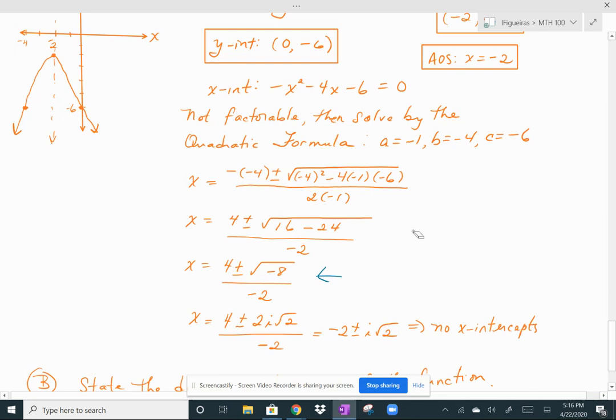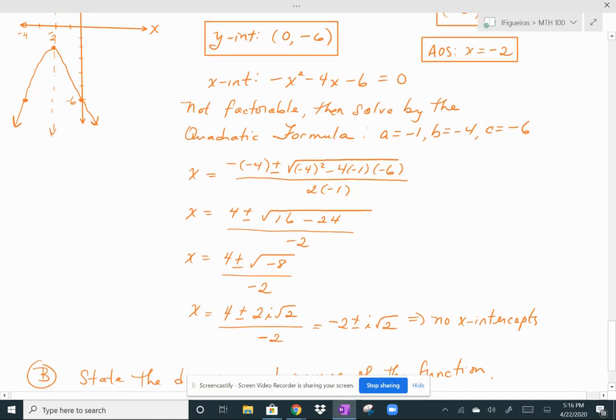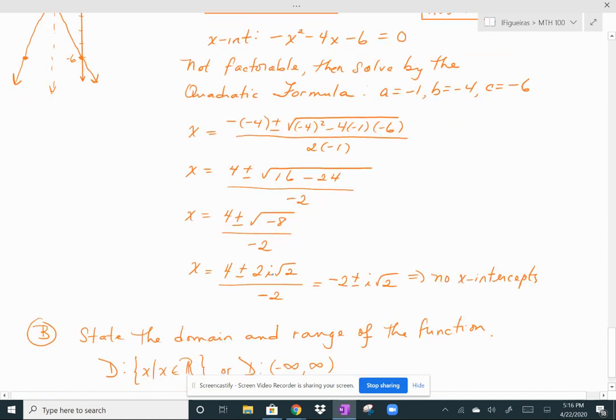You can simplify that. And so you have negative 4 plus or minus 2i root 2, because remember, the square root of negative 8 is i root 8, which is 4 times 2, but the 4 comes out. So it's 2i root 2, which is what I wrote below right here.